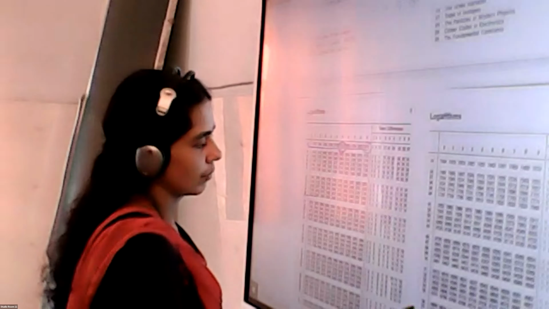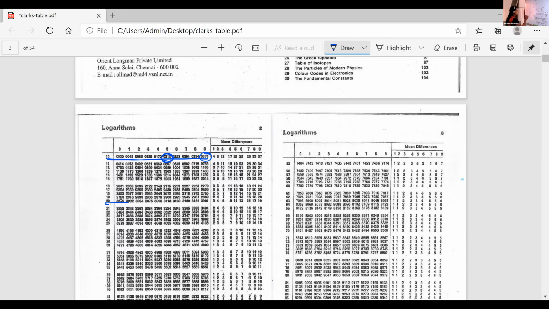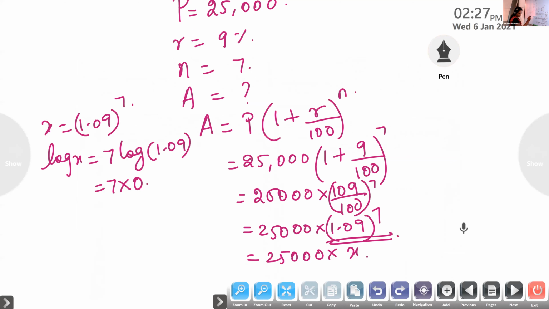So apply the value there. 7 into 0.0374, so you will get log x. You multiply this, what will you get? 7 4s are 28, 7 7s are 49, 51, 21 plus 5, 26. So 0.2618 is log x.